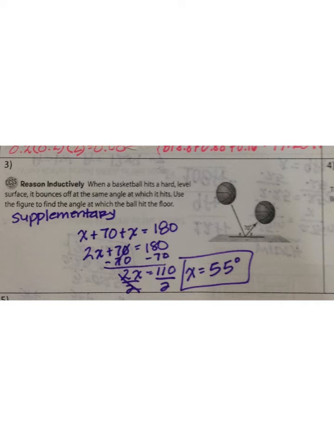So I took all 3 angles, X plus 70 plus X, and then I started simplifying by first combining like terms, then subtracting 70 from each side, and then dividing by 2. So the ball hits the floor at 55 degrees.